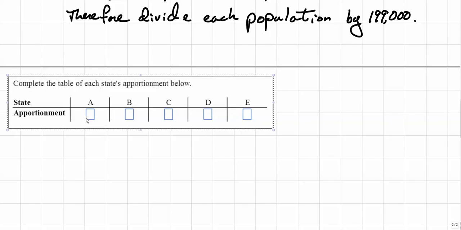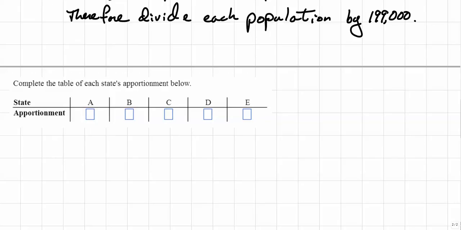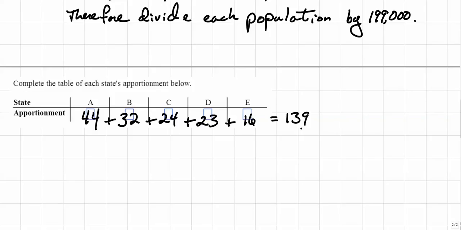As I said, I've got this rounded to 44. This is rounded to 32. This is rounded to 24. This is rounded to 23, and this is rounded to 16. And when I add these together, I will have 139.